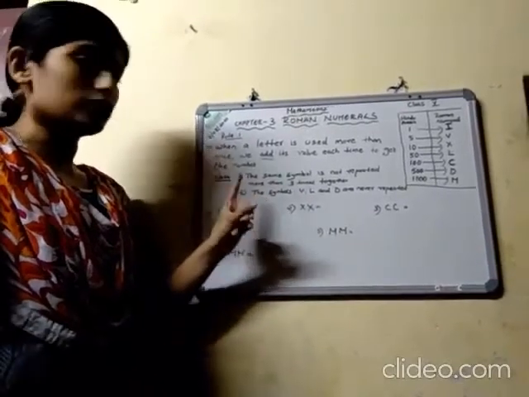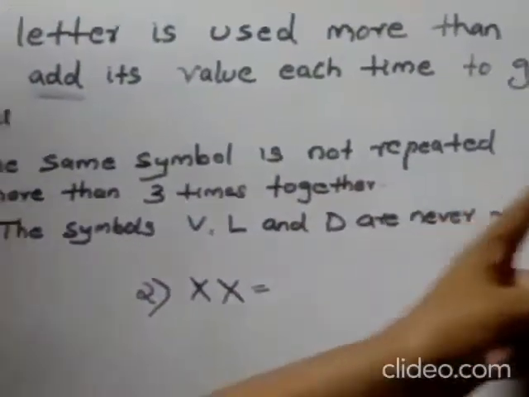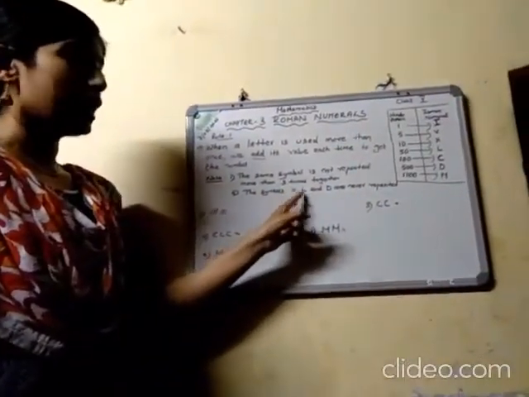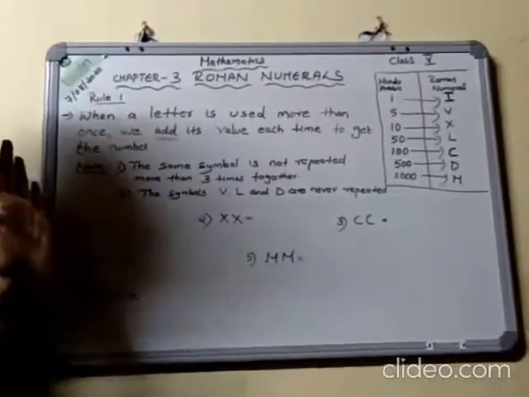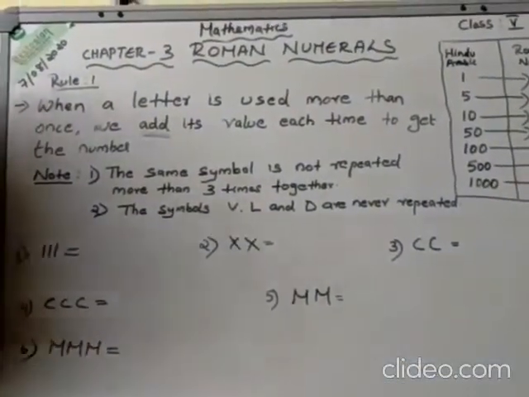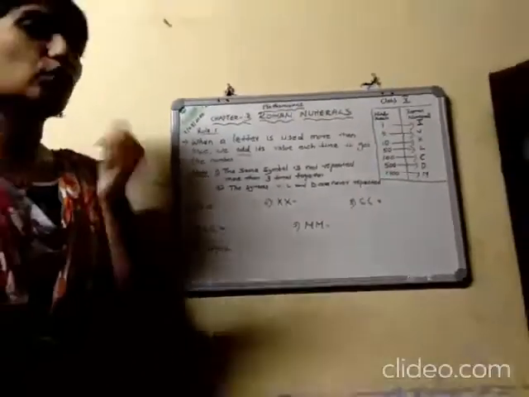And the second note is that the symbols V, L and D are never repeated. So the symbols V, L and D are never repeated, and a symbol cannot be repeated more than 3 times. So we can do some examples, then it will be easier for you.